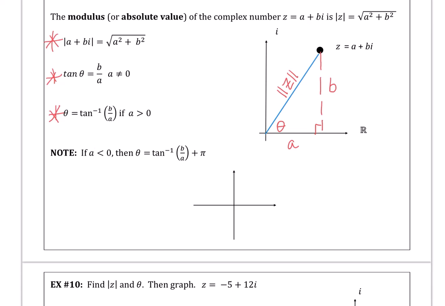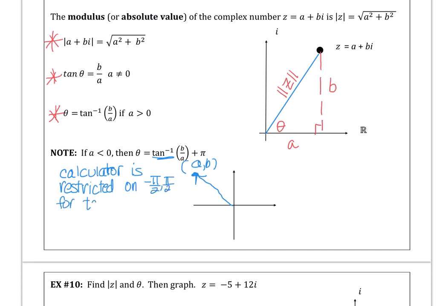So, for example, if I'm over here and this is my ordered pair A, B right here, the calculator is going to be restricted on -pi over 2 to positive pi over 2. The calculator is restricted for tan inverse on -pi over 2 to pi over 2.